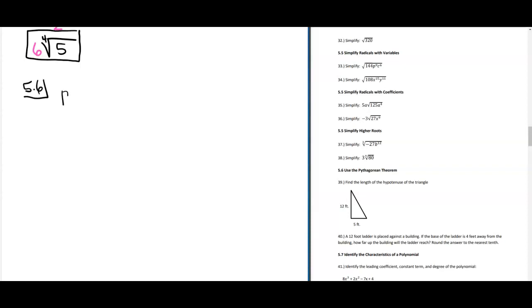And remember, the Pythagorean Theorem says a squared plus b squared equals c squared, where a and b are the legs of a right triangle, and c is the hypotenuse. The hypotenuse is always the longest side, and it's the side that's opposite the 90-degree angle.